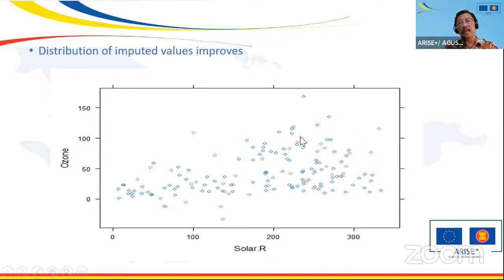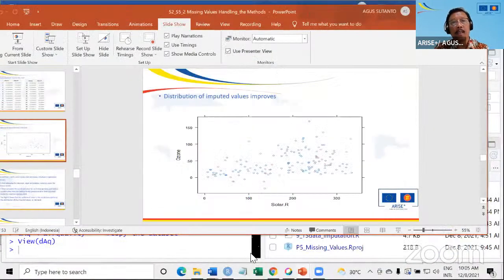You can go here and there, because they already take into account the variability of observations in this area, for example. So you can go up here, and the variability of this area, so you can go a little higher. So it's much better than the deterministic one. So it is advisable, if you want to use regression, you use this norm.nob method.